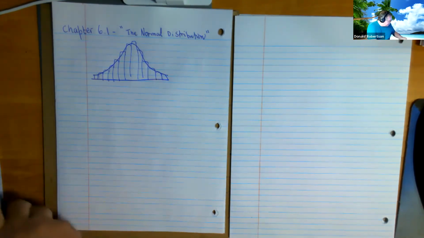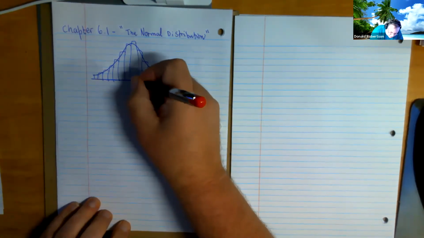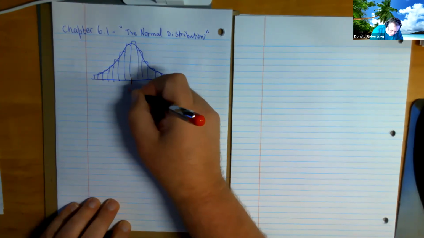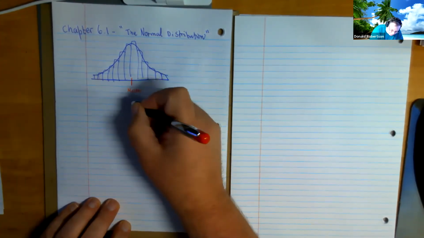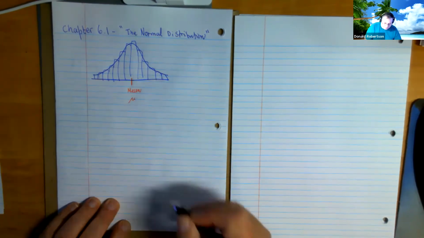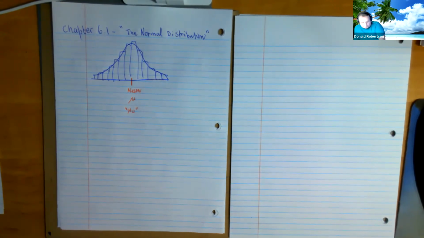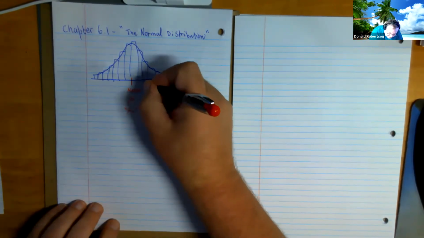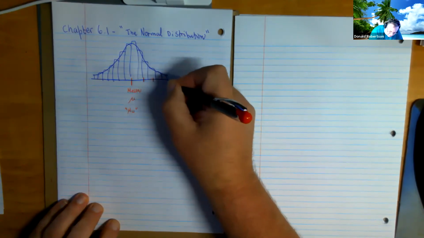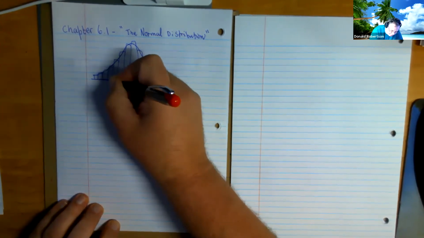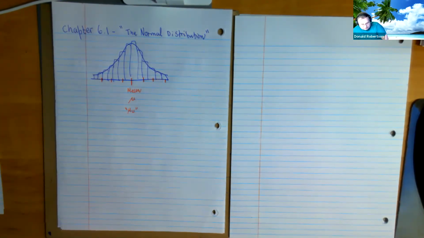Now, what kind of properties does this type of shape have? Well, right in the center, you have the mean. And we're talking about a population here, so I'm going to use the mu guy. Remember the symbol that you pronounce mu, the mean of the population. And it has been discovered numerically, sometimes the word empirically is used, that these distributions all tend to have the same kind of shape and property.